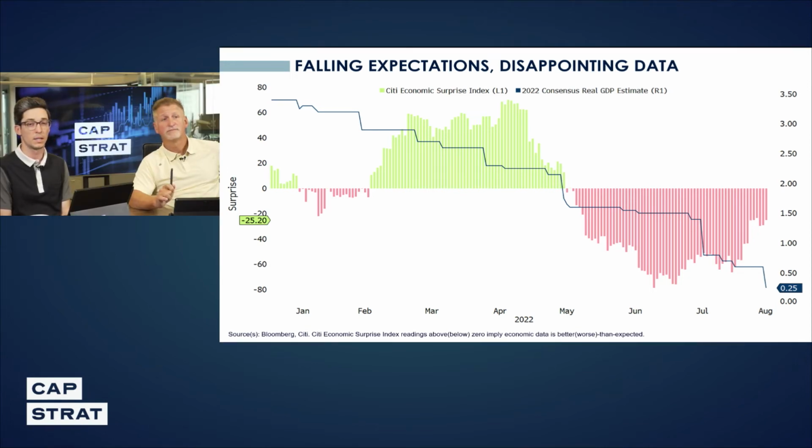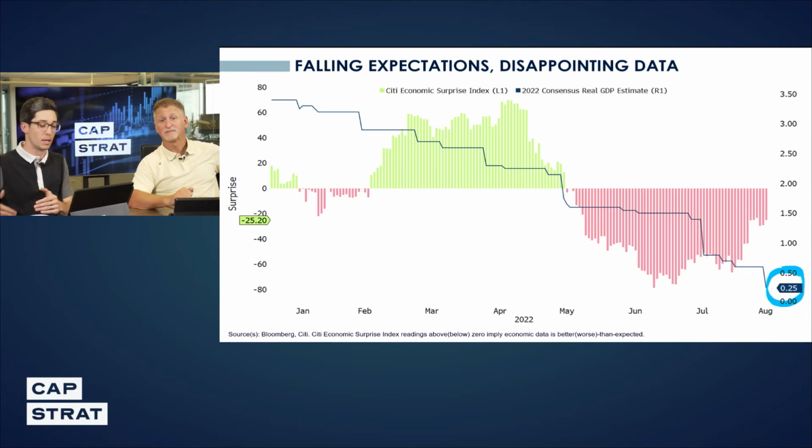Economists just cannot reduce their expectations for real economic growth fast enough, is what we're showing. The blue line is consensus expectations for 2022 real GDP growth. It's at 0.25% now. Now, we had negative growth the first 2 quarters, so that means a big comeback in the second half of the year.